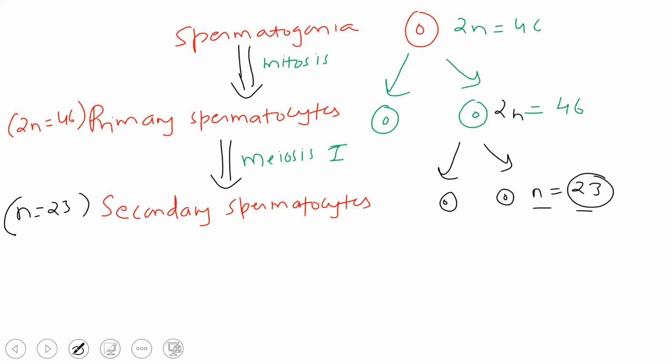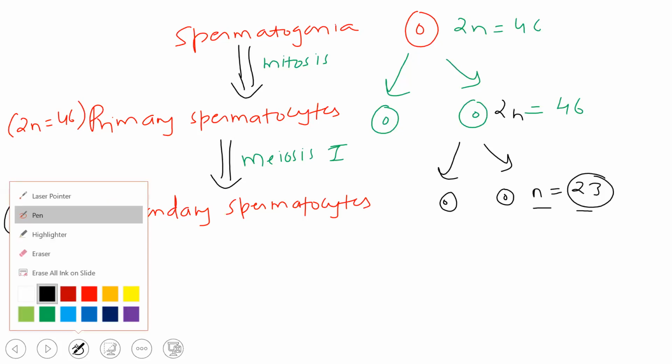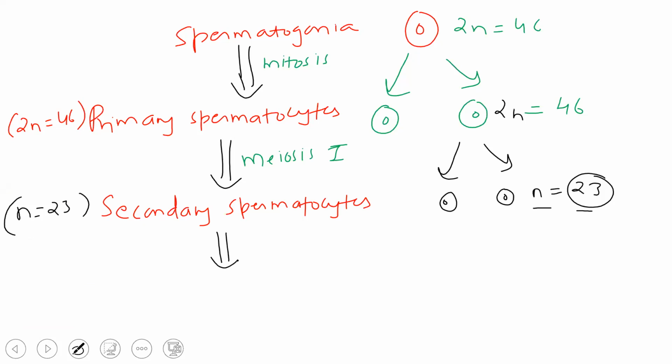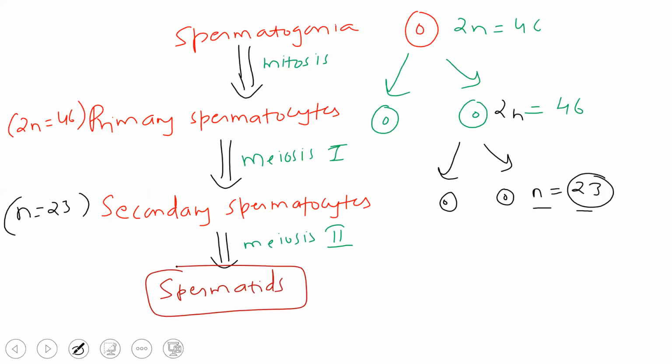Until the secondary spermatocyte formation, it is considered as this condition, the secondary spermatocyte. Now this will undergo meiosis 2 and it will form something termed spermatids.